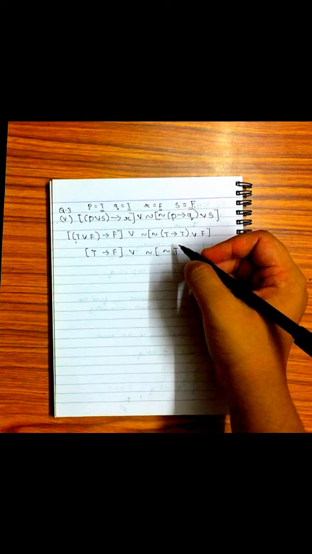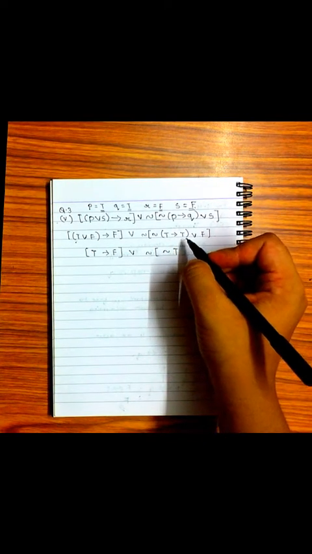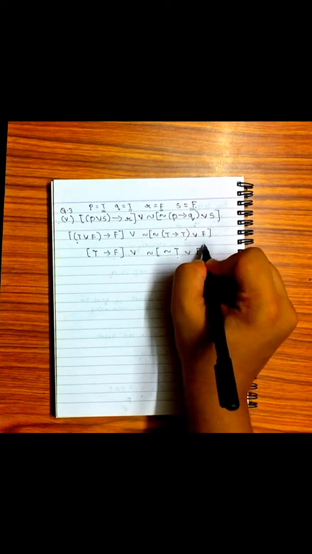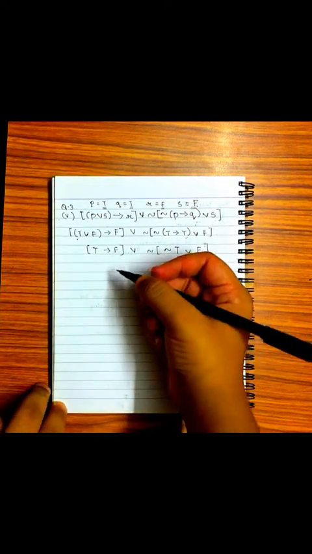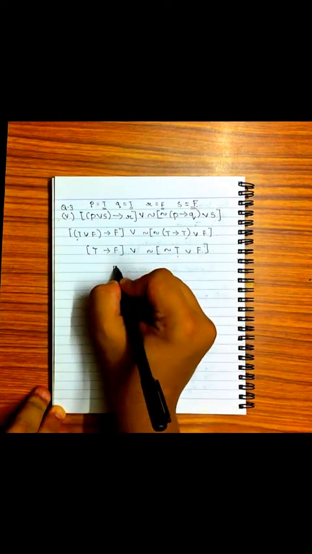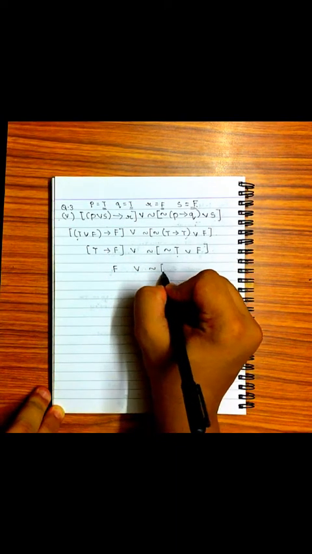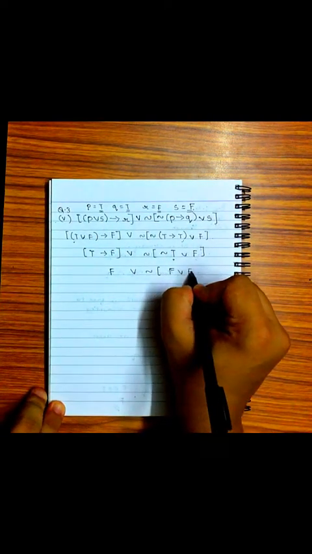It is only false when T implies F, but here it is T implies T, so it will be T. Or F. Correct. So now what is T implies F? Just now I said it is F. Or negation of, what is negation of T? Negation of T is F, or F.